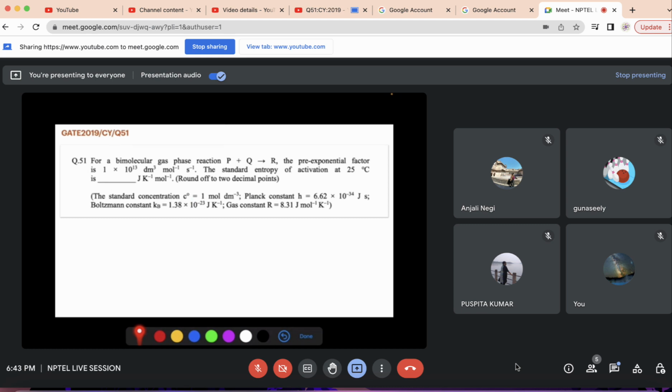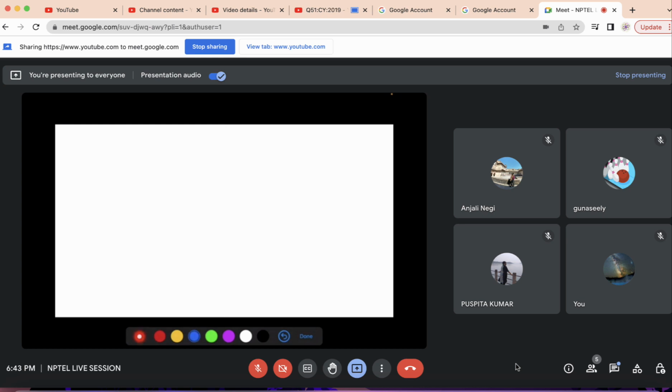So to solve this particular problem, we have to use the Eyring equation, which gives us the relation between reaction rate and temperature.